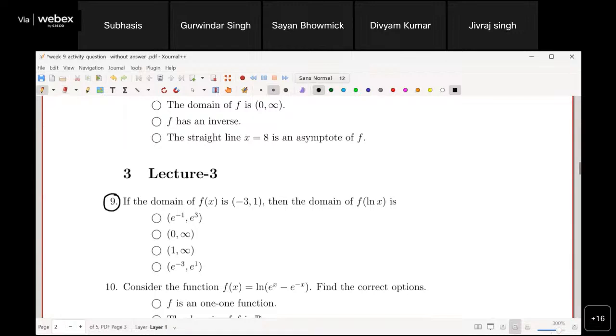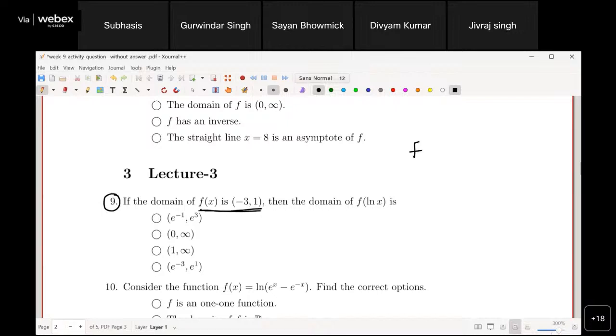So this question is slightly different from the question that I've already solved, but not much difference. It's saying that the domain of this function, whatever it is, I don't care what it is, but I have a function f of x, and the domain of this function is [-3, 1].